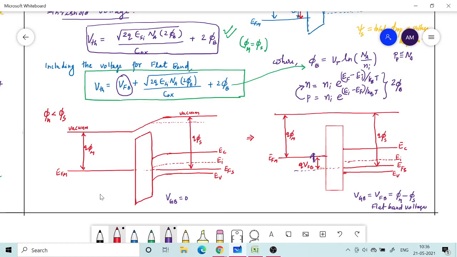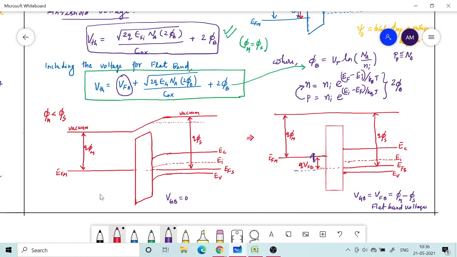Now you can do it as an exercise: how will the bands change if phi m is greater than phi s? You will see that the flat band voltage is going to become positive. Here it is negative, and it is going to become positive.